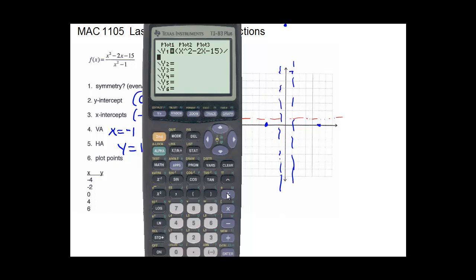We're going to do divided by, start a new parentheses, x to the second minus 1. Again, with the TI-84, you would need to come down there with your arrow button off the exponent position. Right, and let's just go ahead and say graph here.